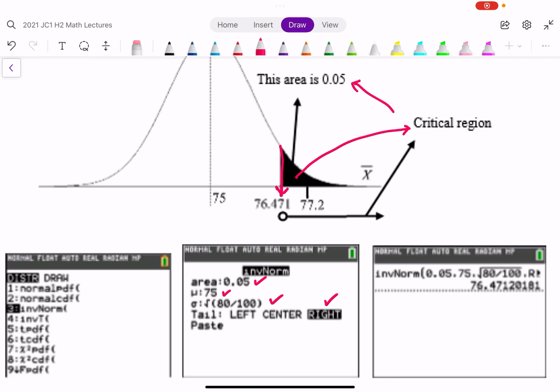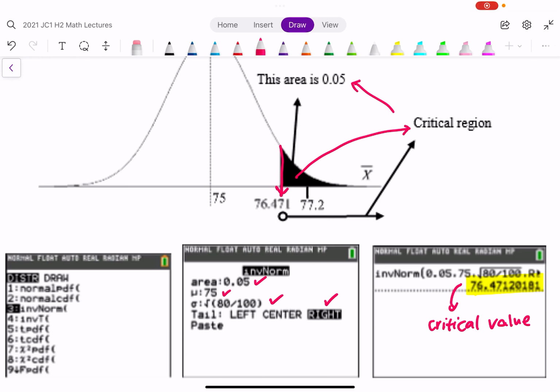Once you enter this, you will get a value. This value is what we call the critical value. Sometimes we will write it as X bar C in this case. Sometimes when we use the standard normal random variable, we will write it as ZC. But basically this is the boundary value, the boundary of the critical region.